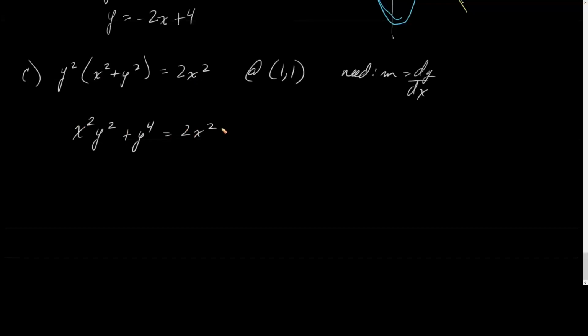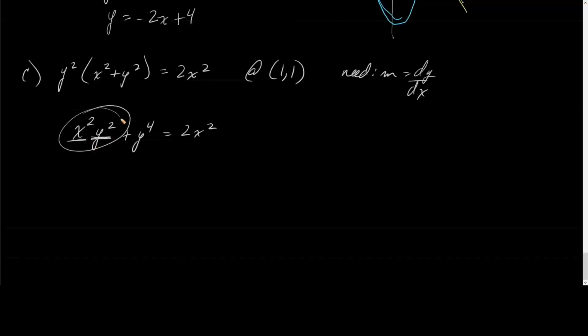All right. Now, recall that when we're finding the derivatives of equations like these, we need to treat y as a function of x. So in this piece right here, x squared is a function of x, y is a function of x.